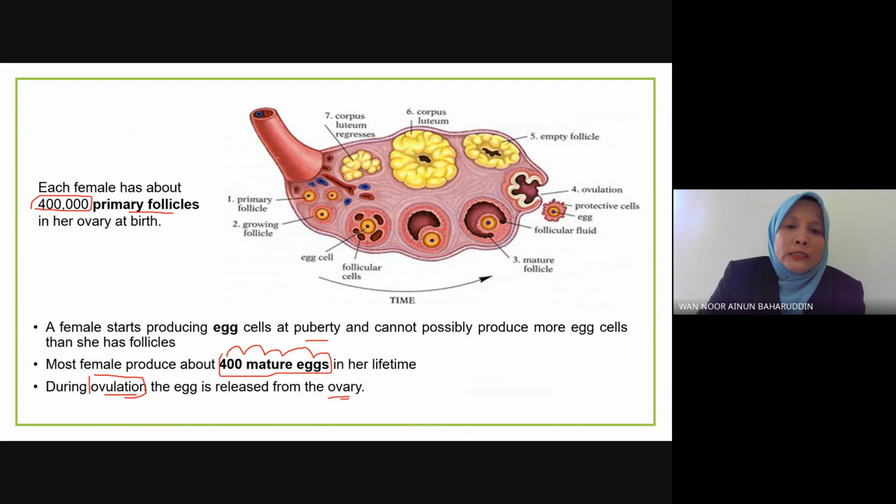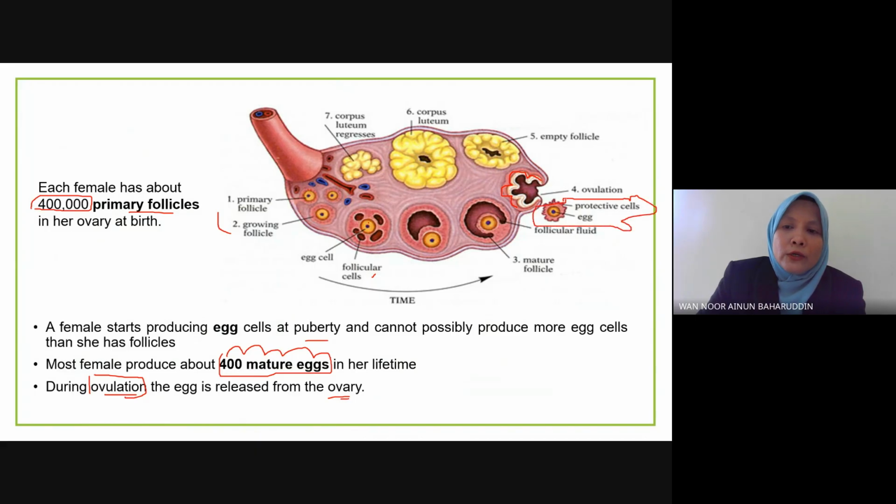This is the development of the follicles, from primary follicles to growing follicles, with the egg cells surrounded by a lot of follicular cells to nourish them. By the time the follicle is matured, during ovulation the follicle will rupture, releasing only an egg, one egg for one month.